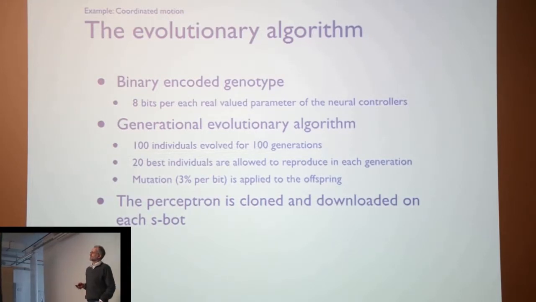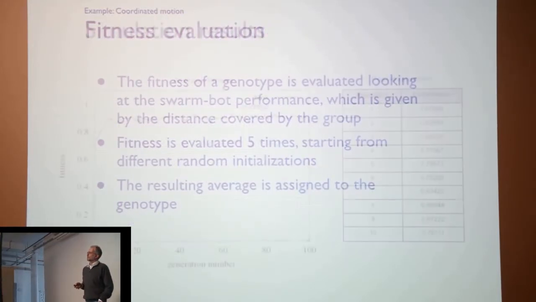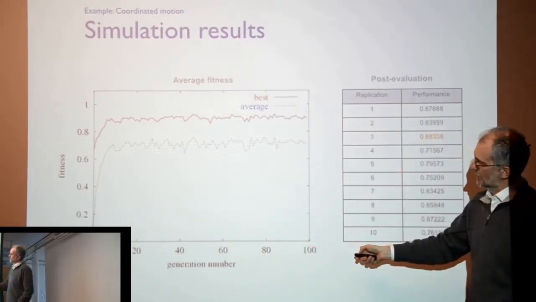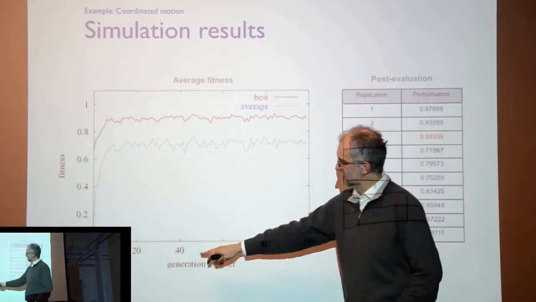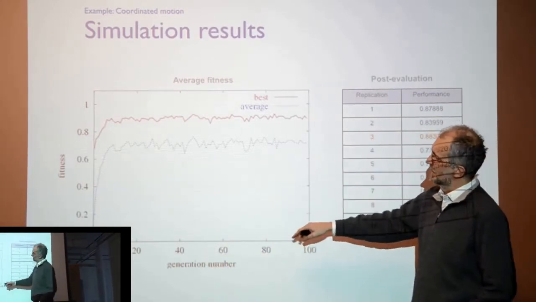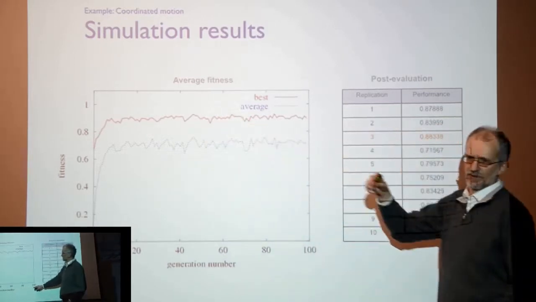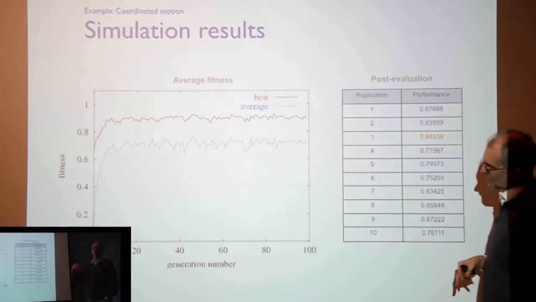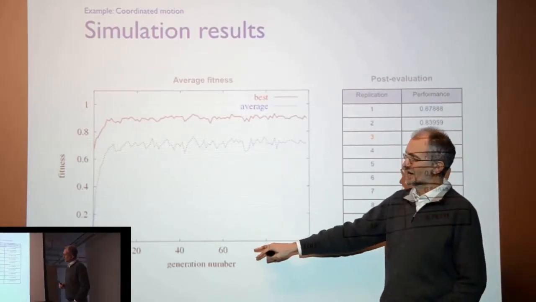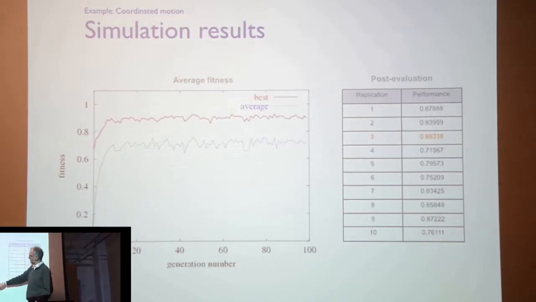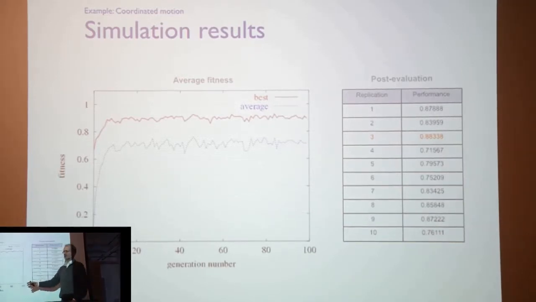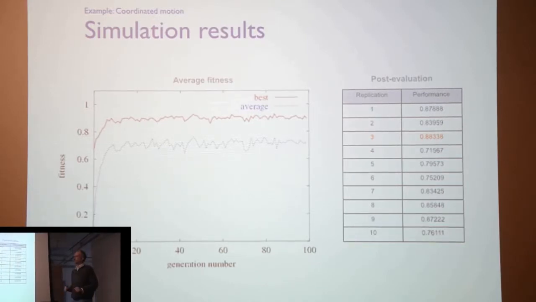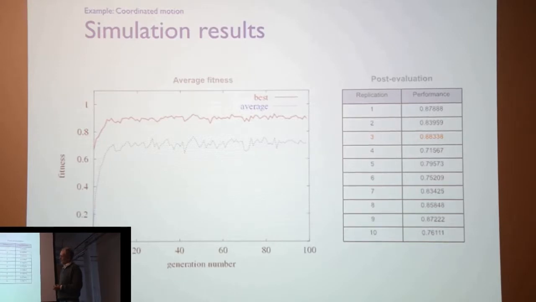As I said, I won't go into the technical details. What we get are experimental graphs like this one. We have the generation number, and here the fitness, where the fitness is the quality of the solution produced. At each generation, we have 100 individuals, which means we have to run 100 experiments to evaluate the quality of the behavior.